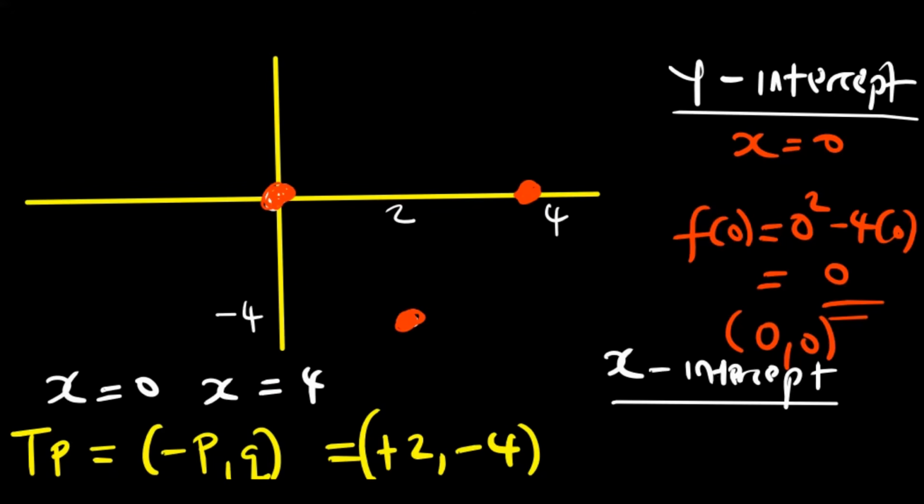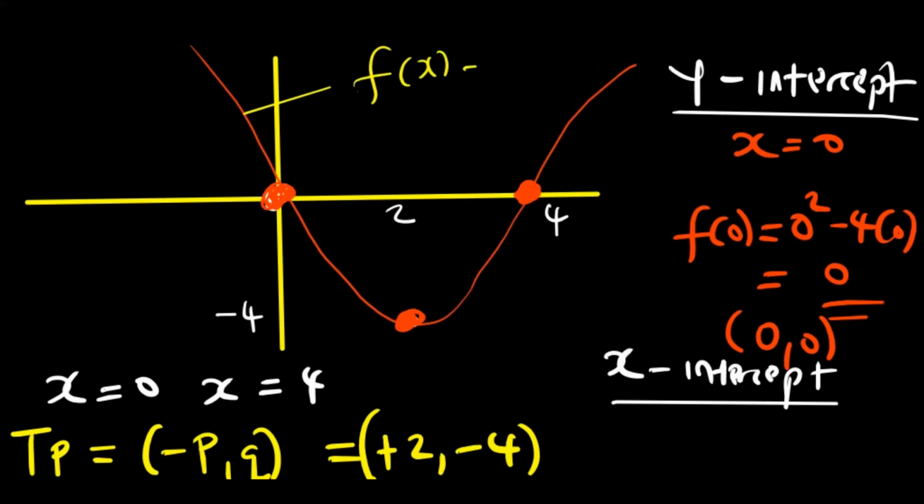So you're able to see that we can now join the points to show that it is a graph. It has to pass through the points nicely. So this is f of x is equal to x squared minus 4x. So that is the graph.